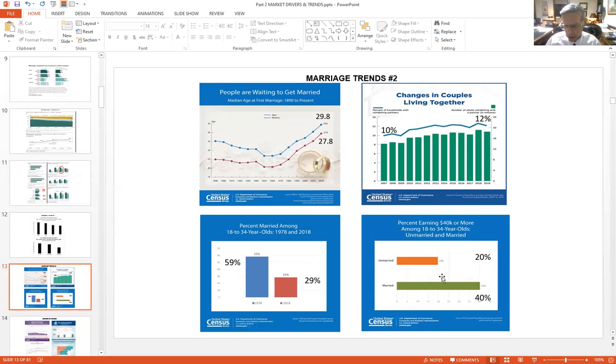Here are a few more recent variations on that theme. As you can see, the portion waiting until they're older to get married has really gone up. The top line are the males and the bottom red line is females.